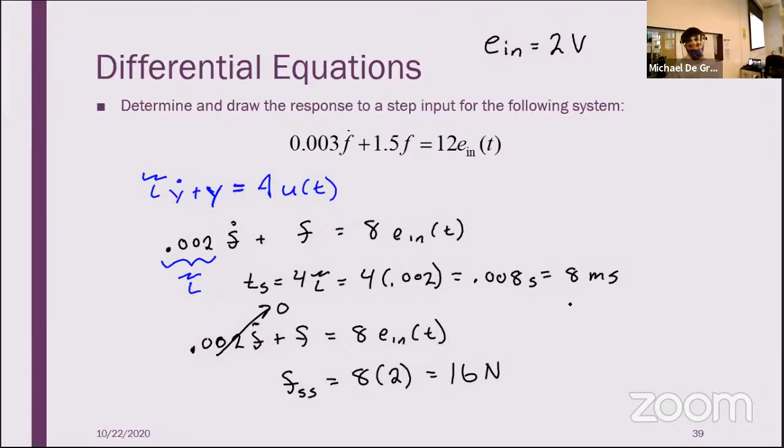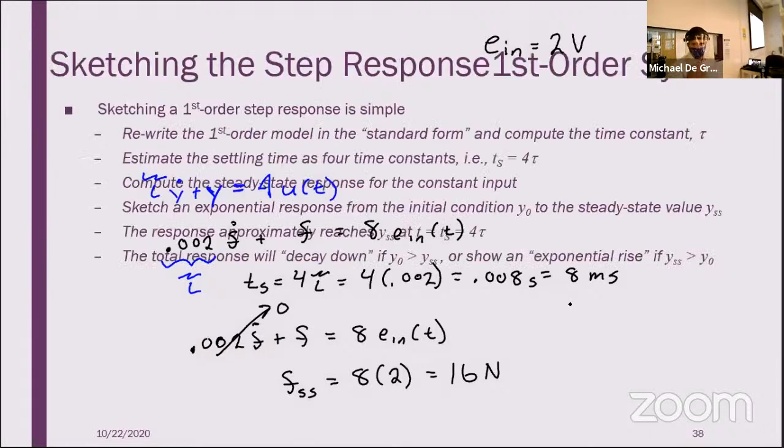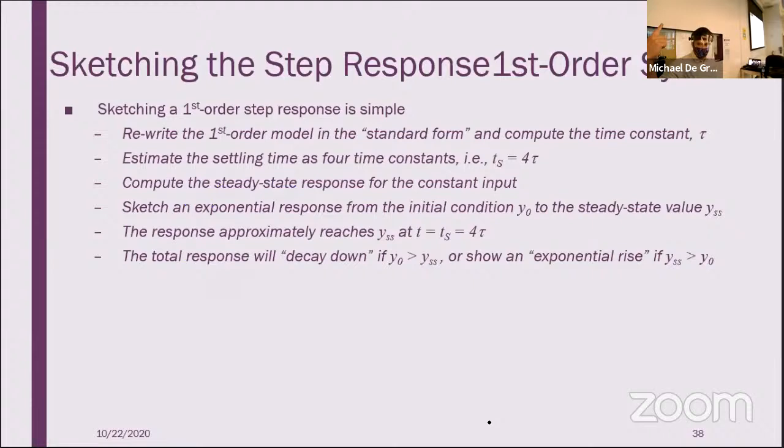Okay, so did I do the steps? We rewrote the equation as a first order model in standard form. Yep. We estimated our settling time. We computed the steady state response for a constant input. That's a little like DC gain. It is. Now we need to sketch an exponential response from the initial condition to steady state.